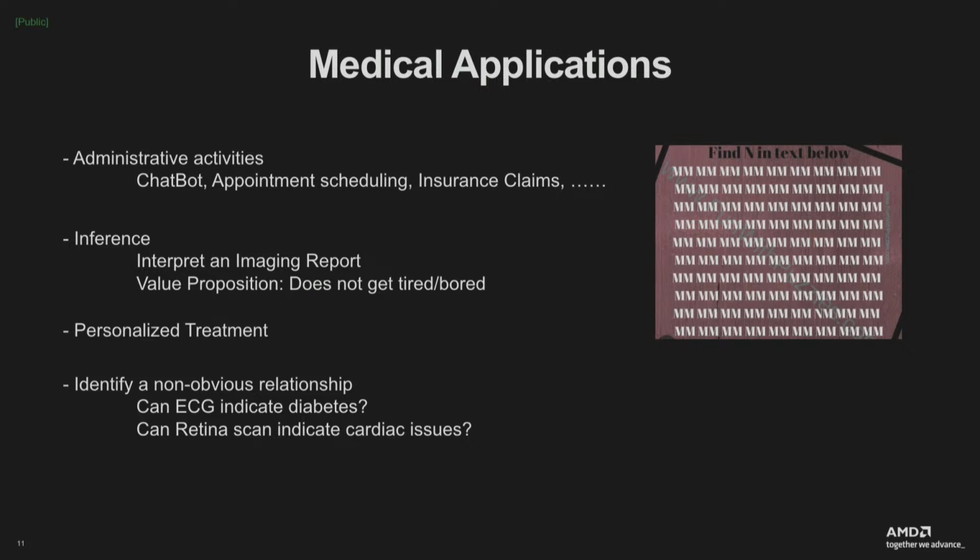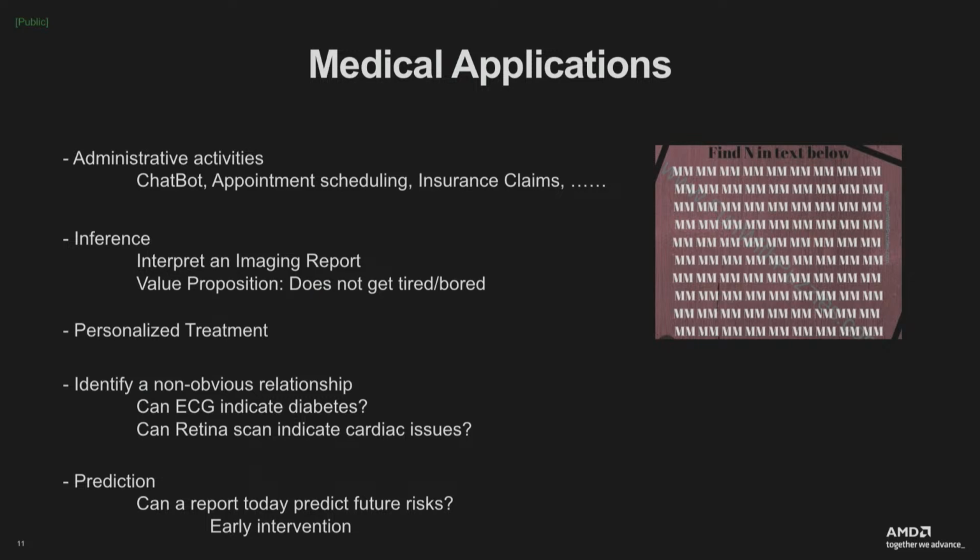There are many such relations which exist which we are not aware of. Now, neural network can extract those kind of relationships. So, identify a non-obvious relationship. Can retina scan indicate cardiac problem? Okay. Usually we would think it cannot, but maybe it can, right? So if there's a non-obvious relationship, machine learning or artificial intelligence can help extract that.